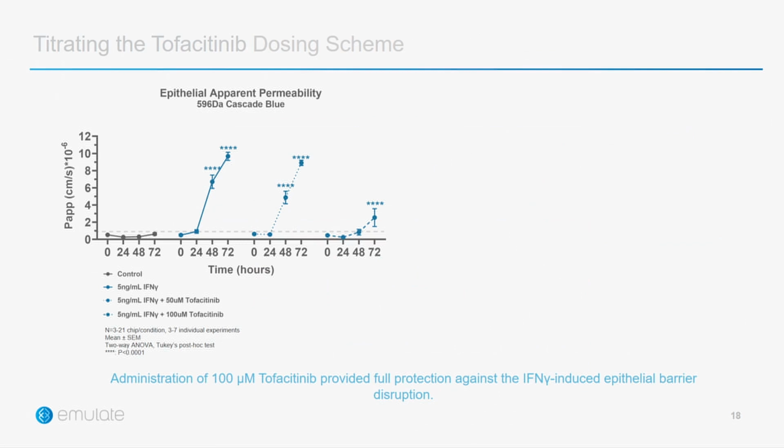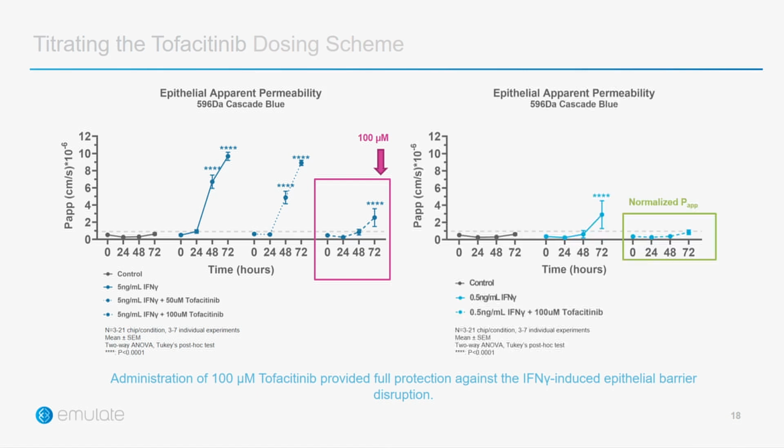Similarly to the case of interferon gamma, the dosing regime of tofacitinib has to be titrated as well. And in this case, we concluded that a dose of 100 micromolar was the optimal one to achieve barrier protection in the presence of low-grade inflammation.